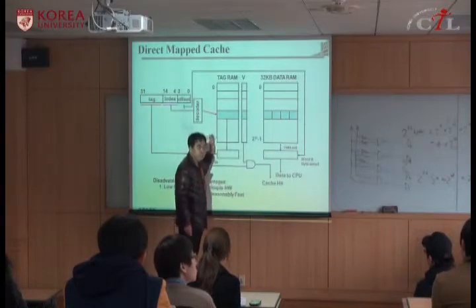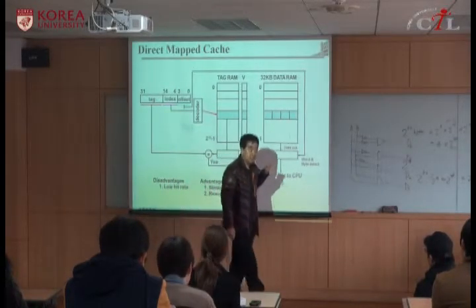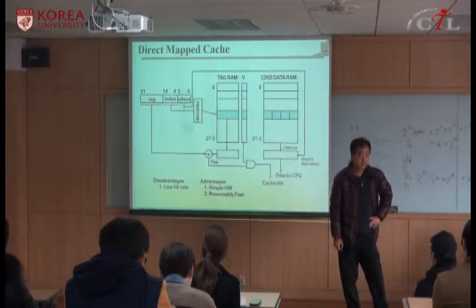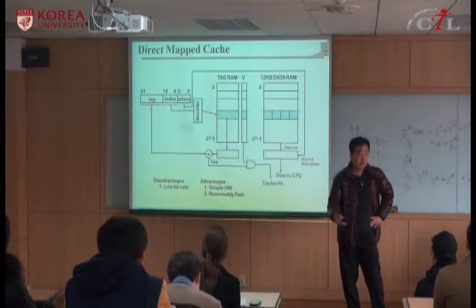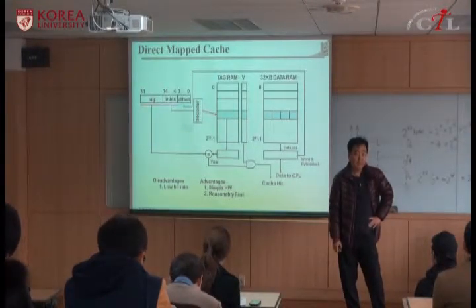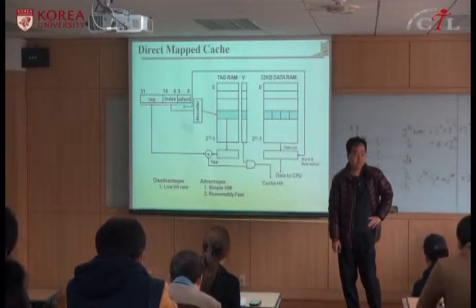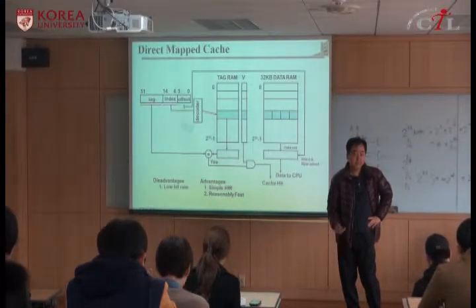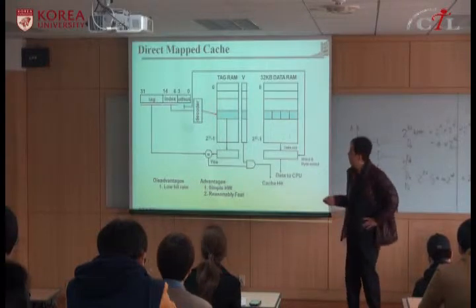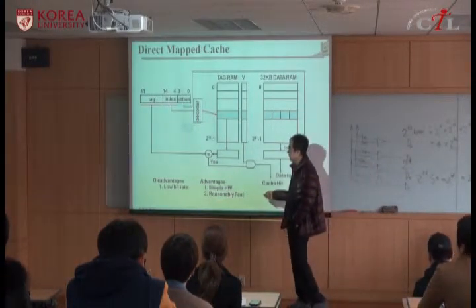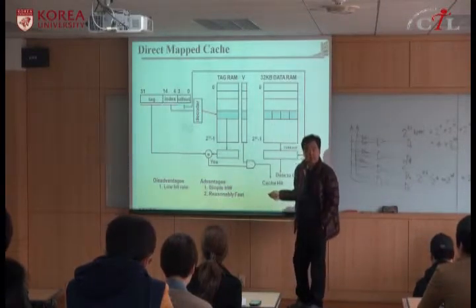This is decoding plus compare. So which one takes longer? Because it requires extra decoding time. Okay? So it's reasonably fast, but it's slower than fully associative cache.